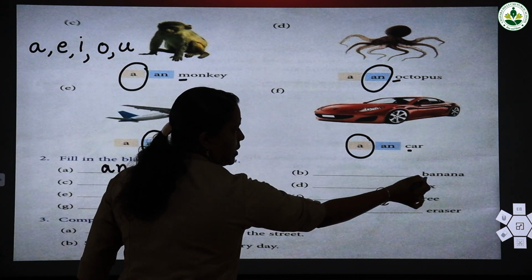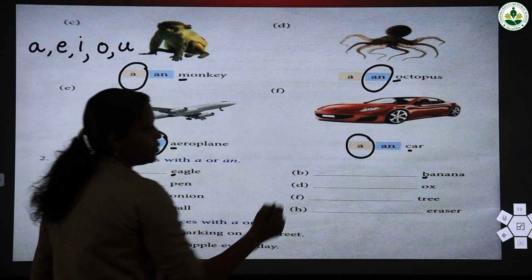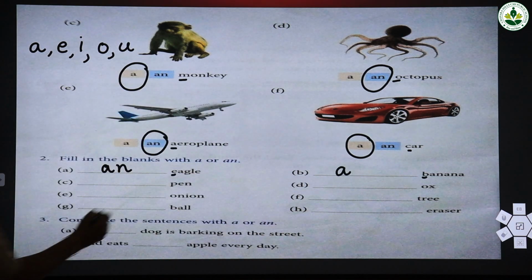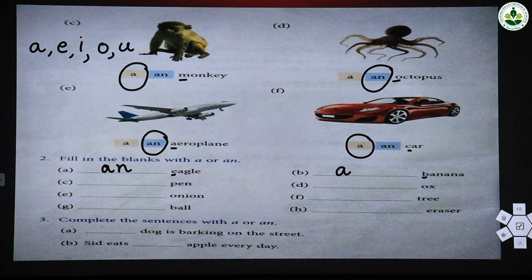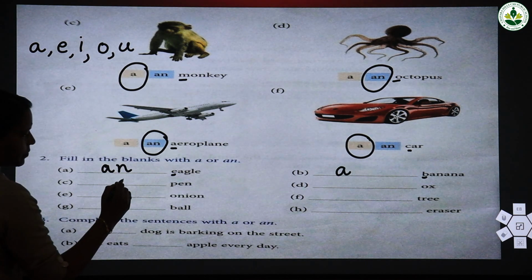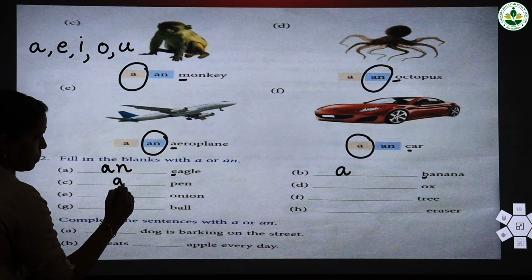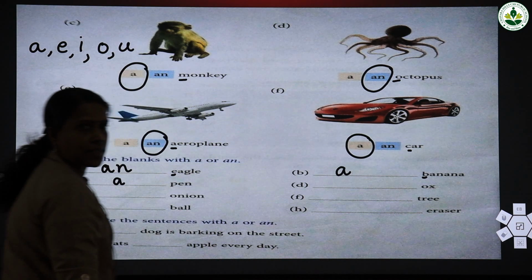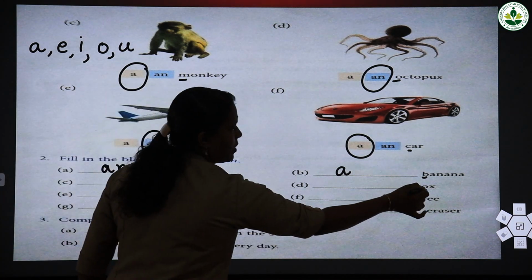Okay, the next one. Banana. First letter B. Is it a vowel sound? No. So, a banana. Look at the next one. Pen. Is it a vowel sound? No. So, a or an? A pen. Okay, the next one. Ox. Is it a vowel sound? Yes.